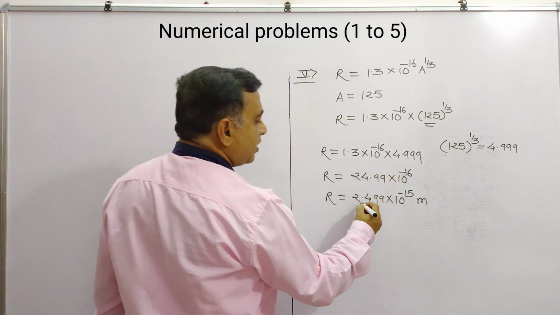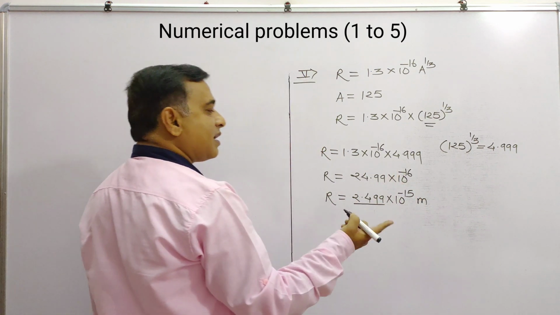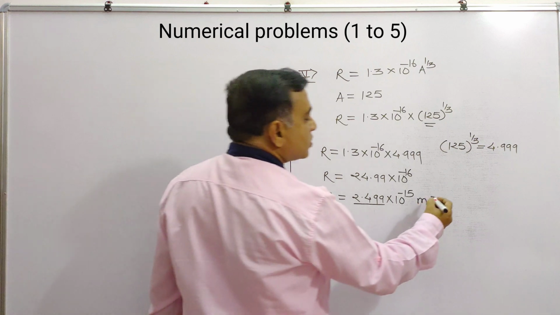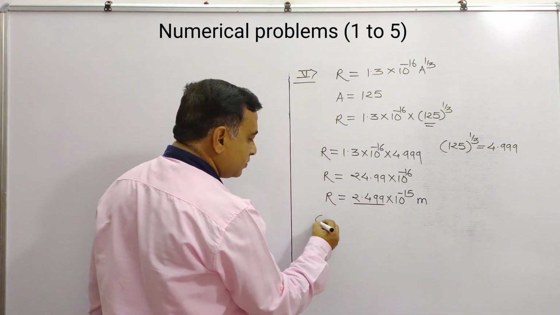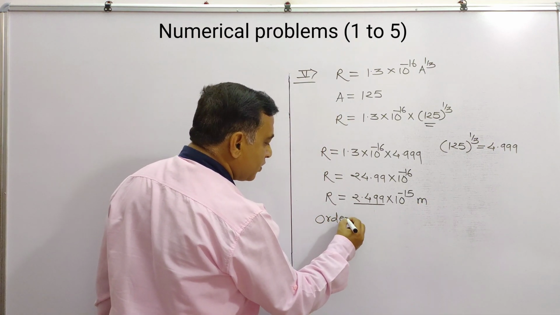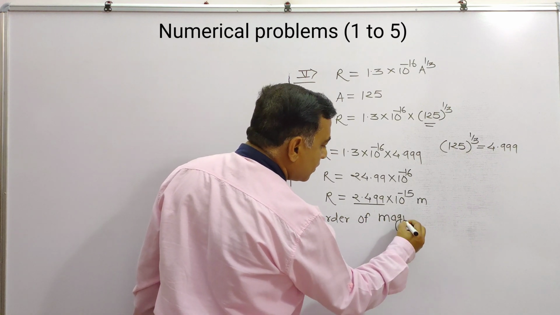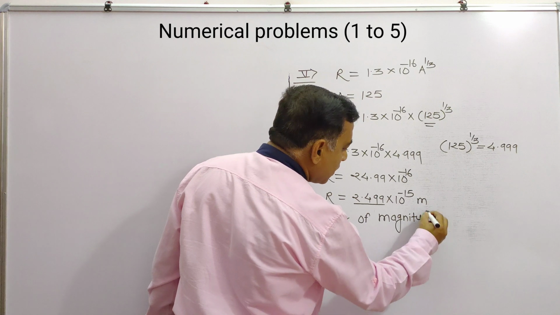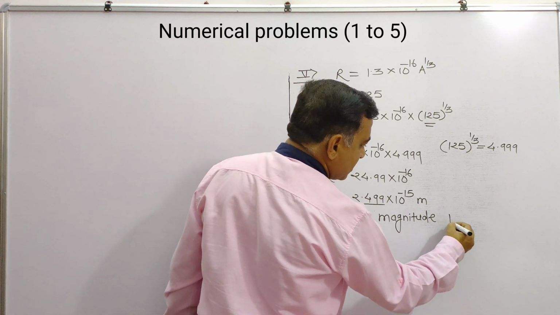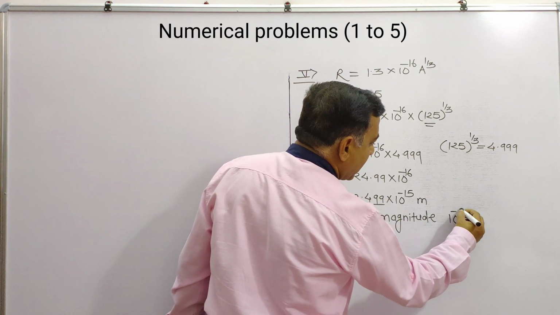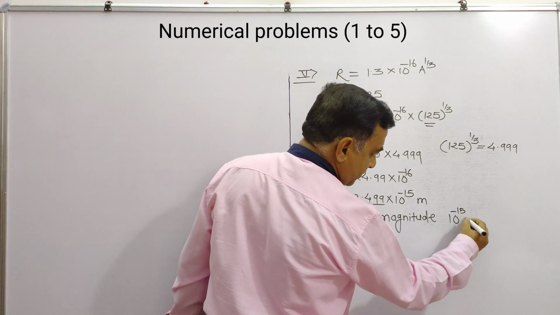So accordingly, this value is less than 5. So the order of magnitude of R is 10 raised to power minus 15 meter.